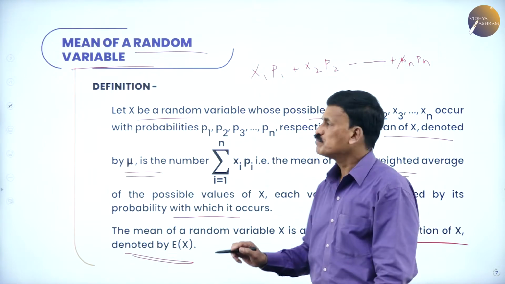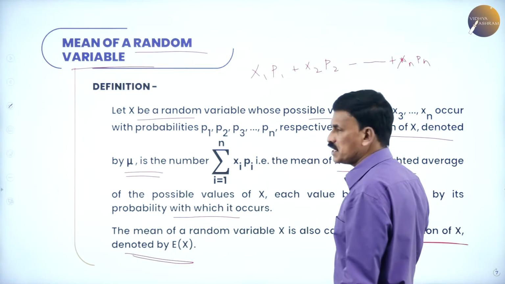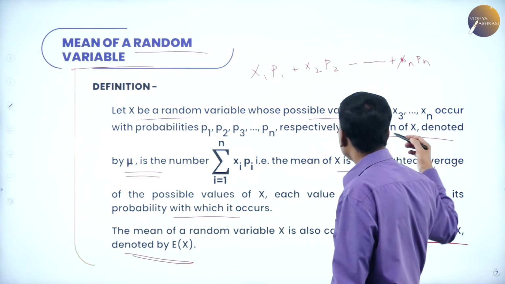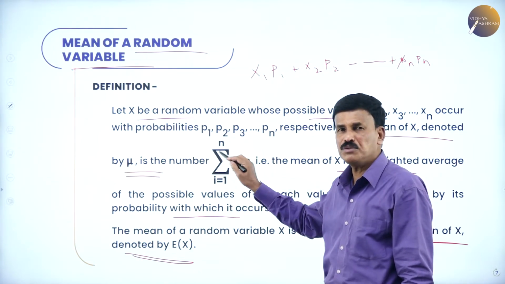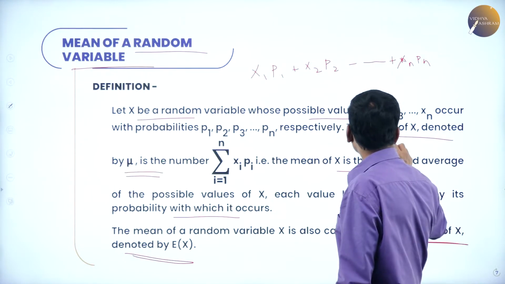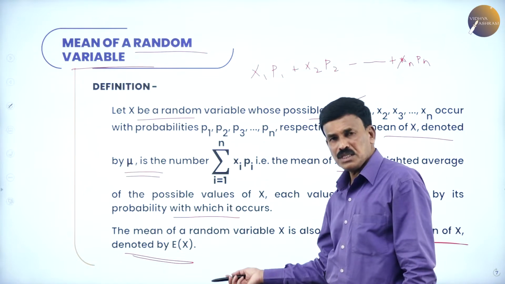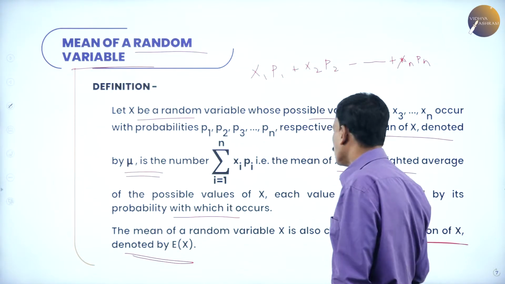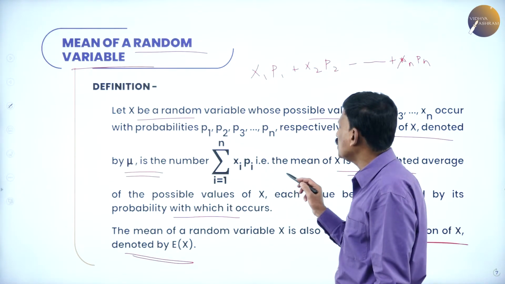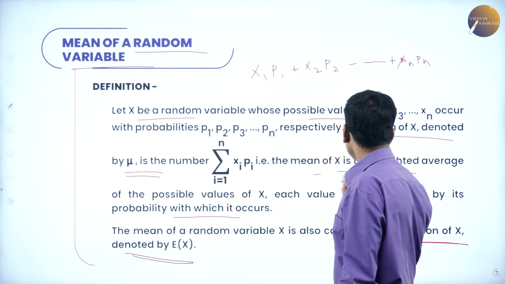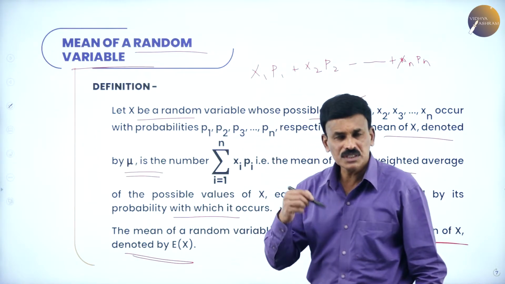So in general, let x be a random variable whose possible values are x1, x2, x3, etc., xn, occurring with the corresponding probabilities p1, p2, p3, etc., pn. Then the mean of x, denoted as E of x, is also called the expectation of x, and is given by the number mu equal to sigma i is equal to 1 to n xi pi. It is the weighted average of the possible values of x.